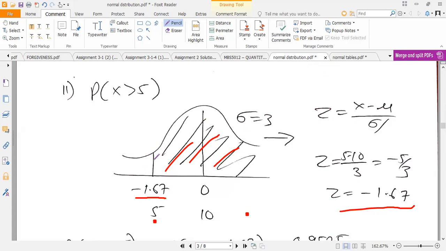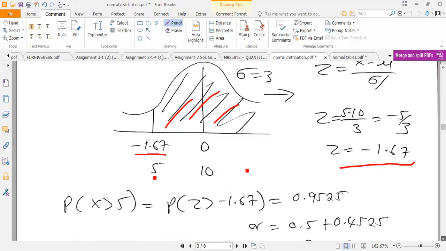It should be the reading from here to here, the bigger one. So whenever you have a bigger reading, just know that you read it directly. So the reading greater than 5 is 0.9525. That is where the reading is.